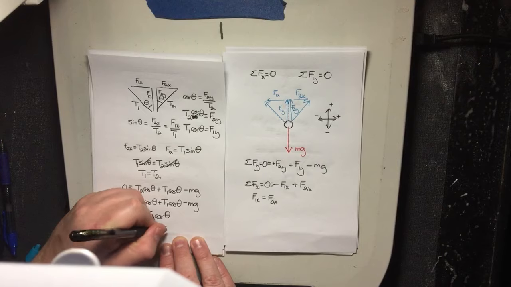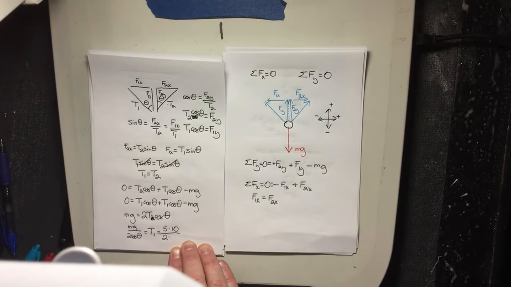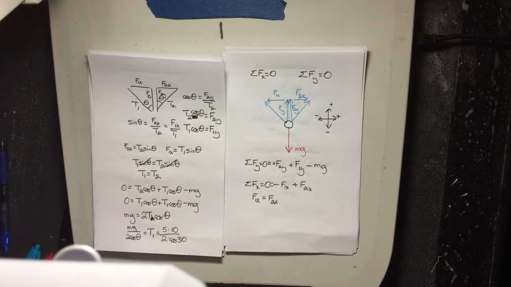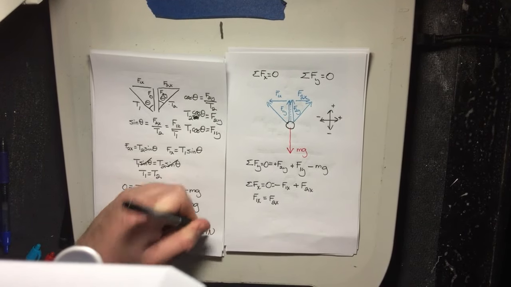M is 5, G is 10, there's 2 cosine of 30, and I'm left with 28.9 newtons.